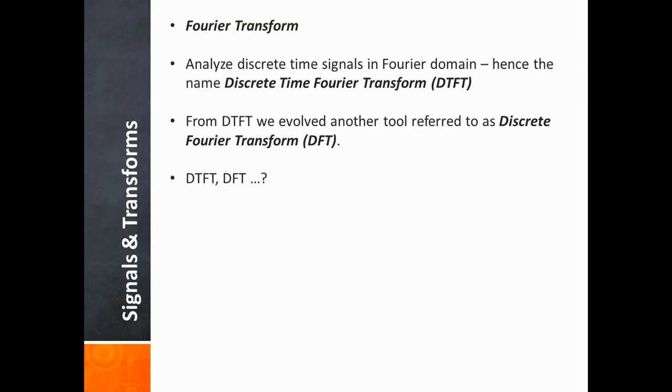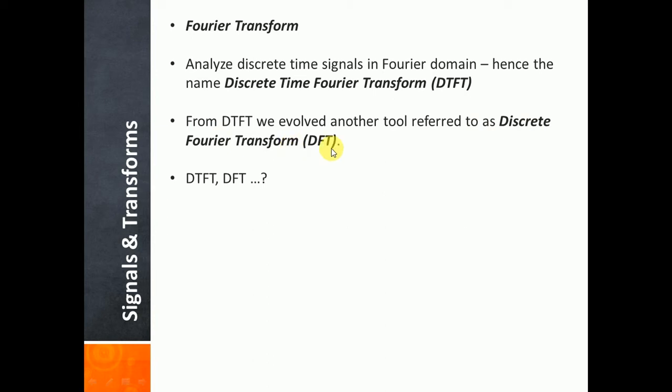And if we take a discrete signal and feed it into the Fourier transform, it's called a discrete time Fourier transform. From the DTFT we evolved another tool, which is called the discrete Fourier transform.